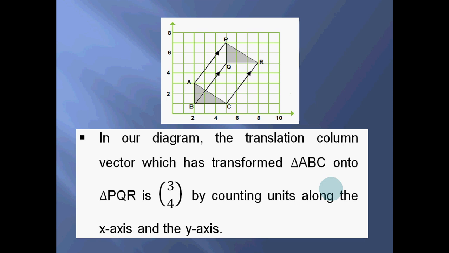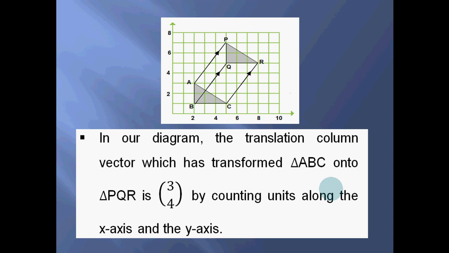We have seen that the size of triangle ABC has not changed even through the translation mapping it onto PQR. The size of ABC is the same as the size of triangle PQR.